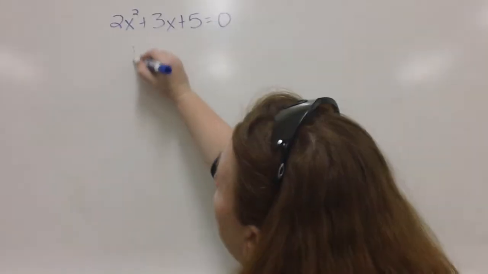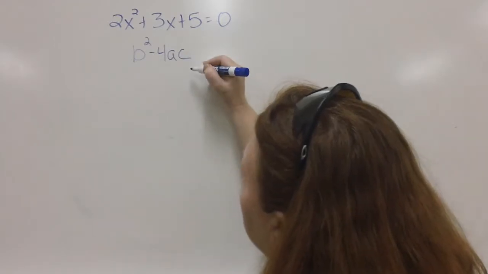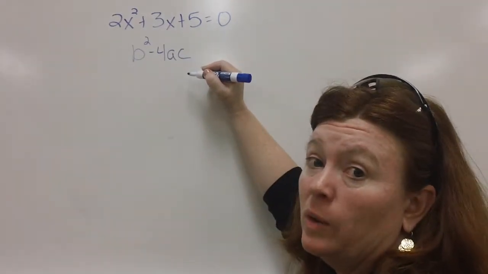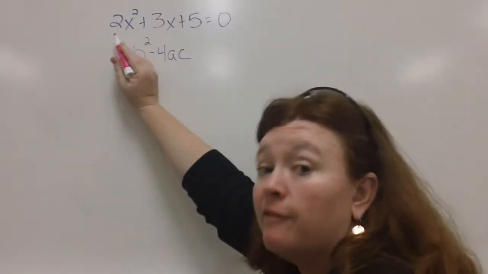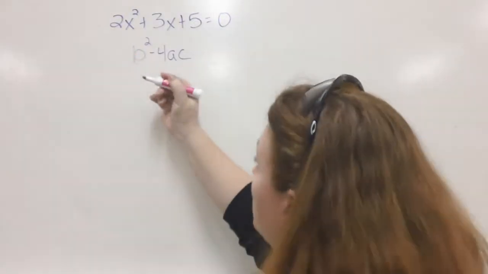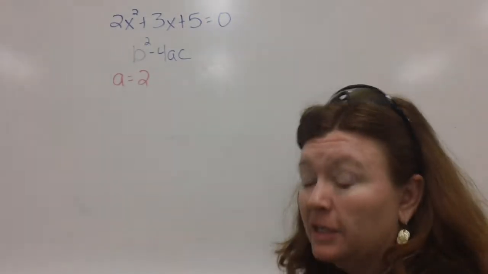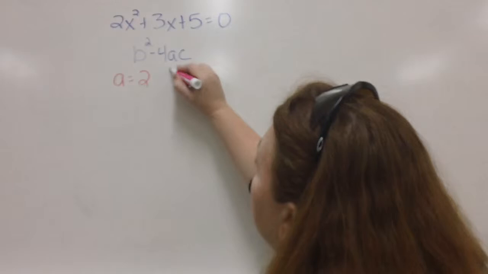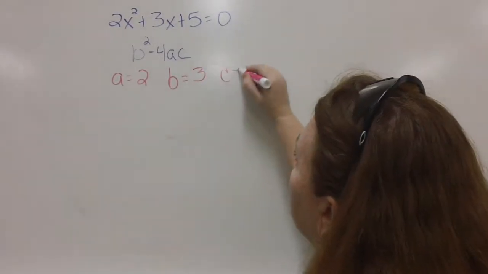Well, that means I want b squared minus 4ac. Well, let's figure this out. What is a? Well, a is always the number in front of the x squared. So a is 2. Not 2x squared, just 2. What is b? b is 3. What is c? c is 5.